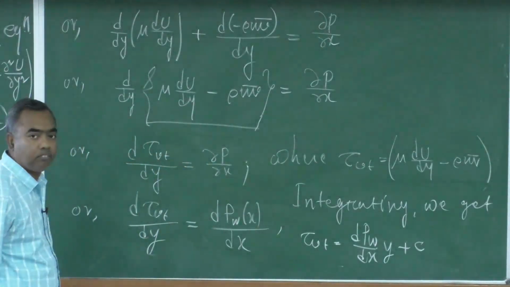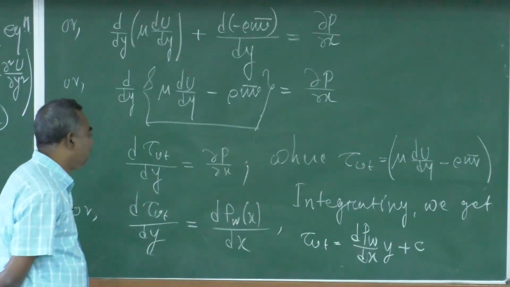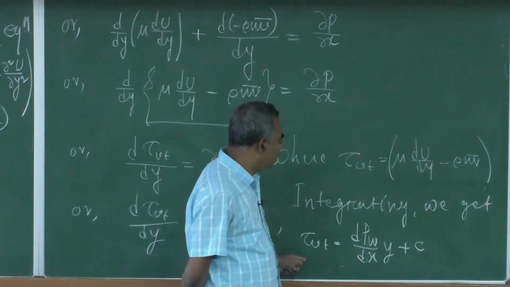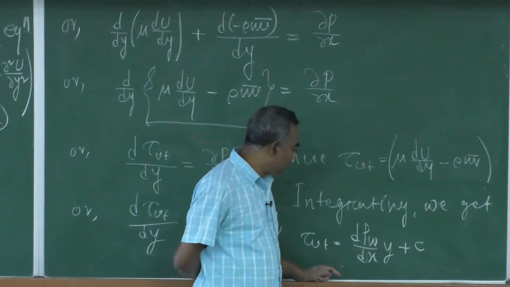That is what we will get, right. Now, this constant c can be found out with some proper boundary condition.